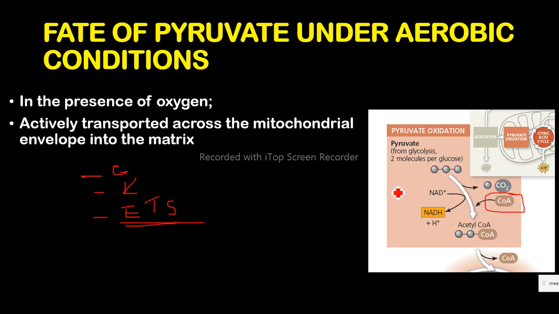You break down the pyruvic acid into acetate. Acetate is just CH3, an acetyl group.